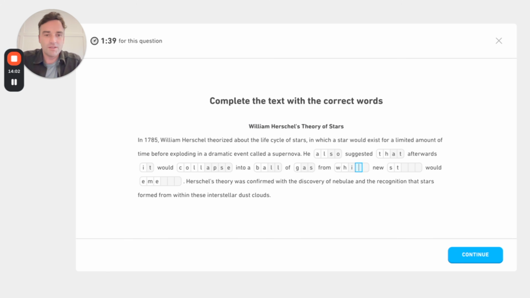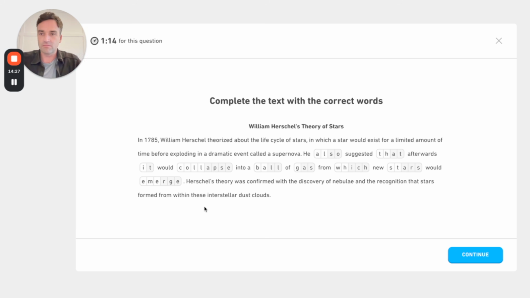From which new stars, okay, repeated word, stars would emerge. Okay, so yeah, again, use the context to help you. So we have stars here, one repeated word, just one example. Some of these words are kind of grammar words, also which, that, it.